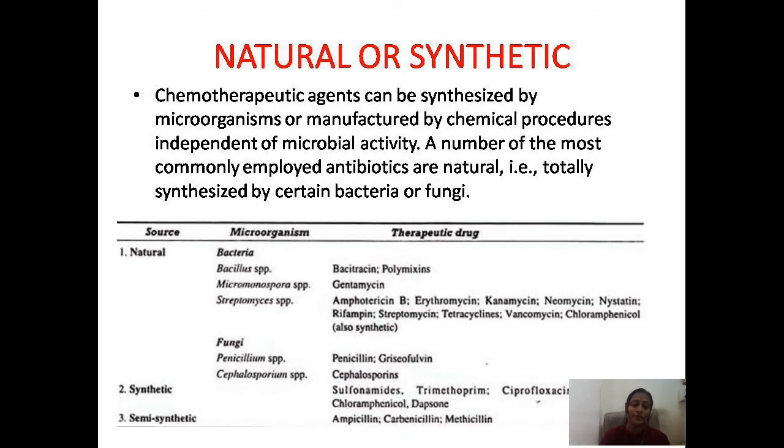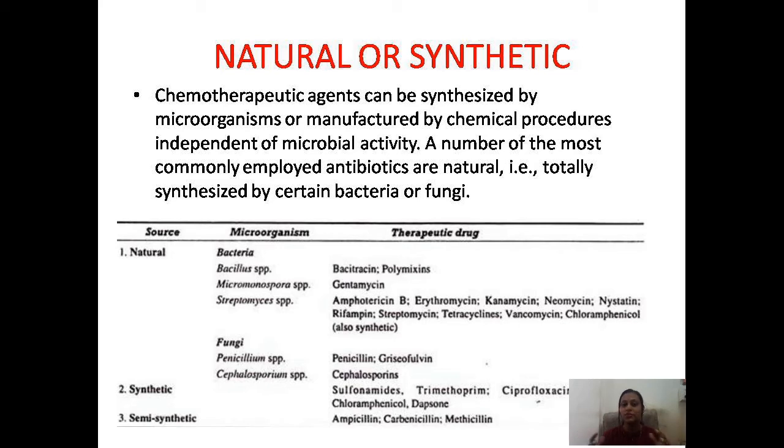The next parameter while describing the characteristics of a chemotherapeutic drug is how it has been synthesized, whether from a plant, animal, or microbial source, or using a chemical process. So we have natural, synthetic, and semi-synthetic.